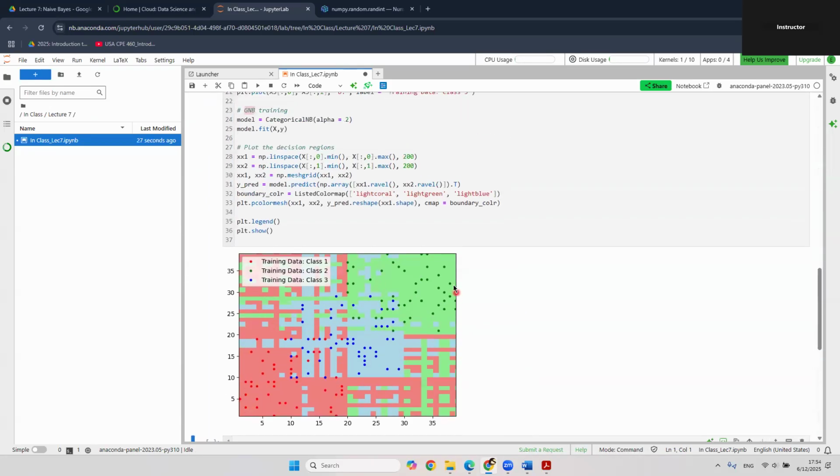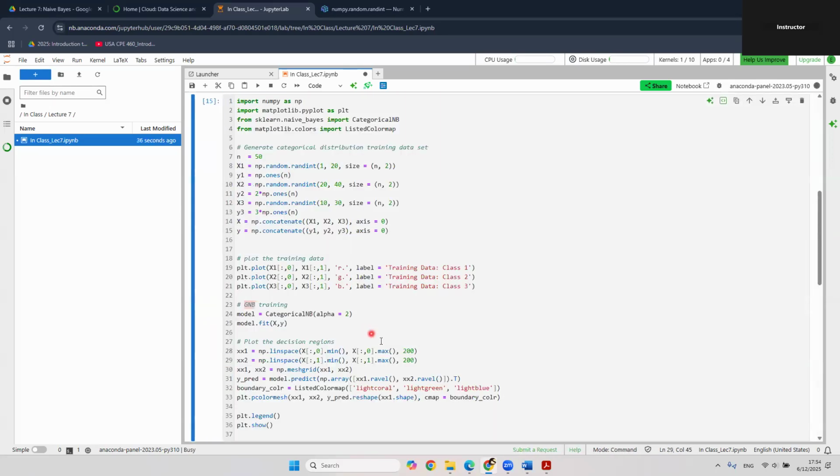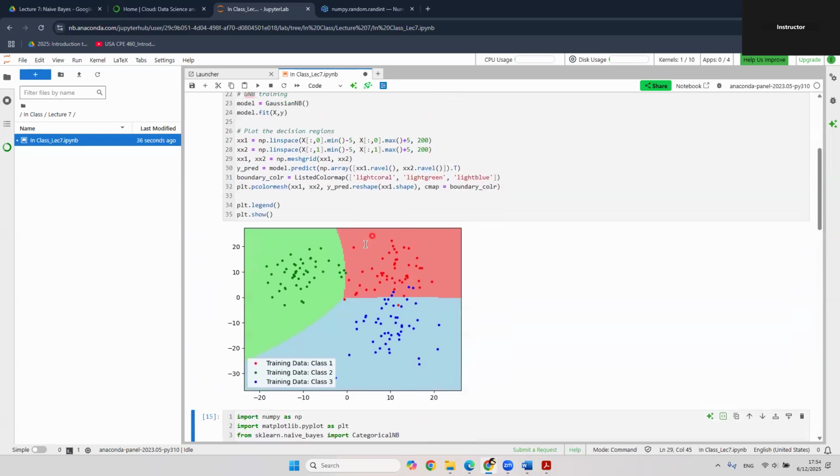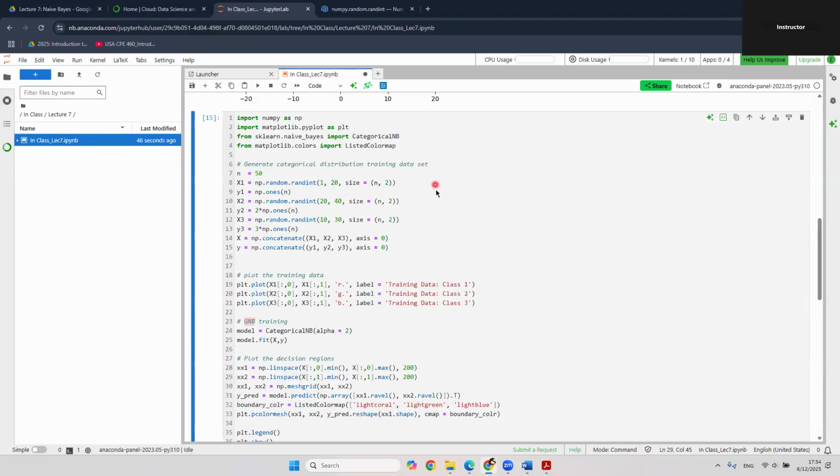Okay, here we go. You see the difference? All these points are on the boundary. Similar things in this example, I can run it again. Here looks nice, right? Let me show you what if I remove this minus 5 or plus something. You will see those points will be exactly on the boundary.